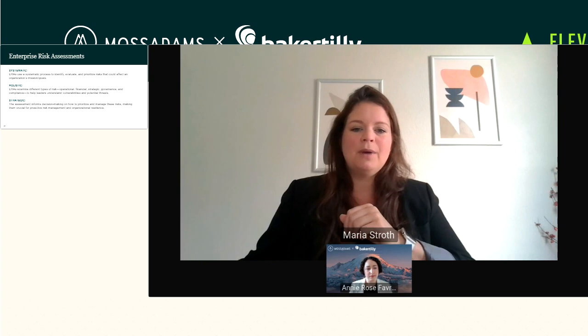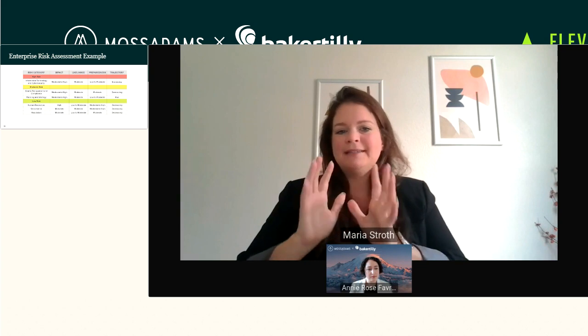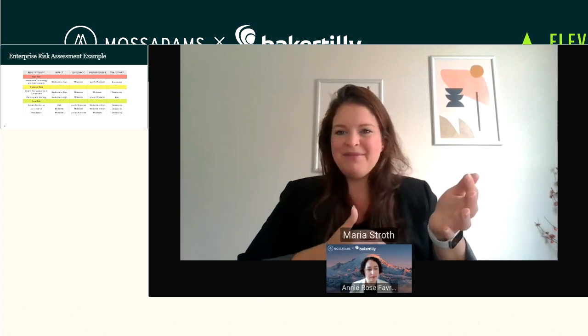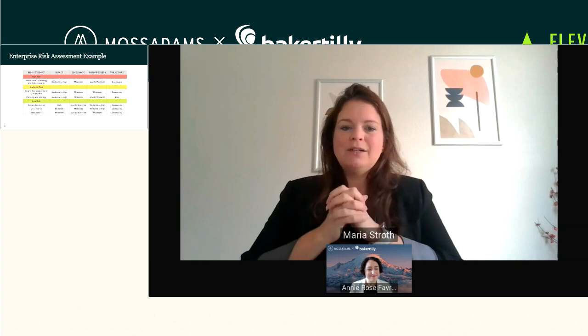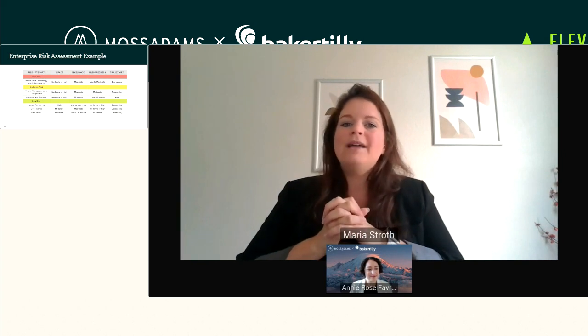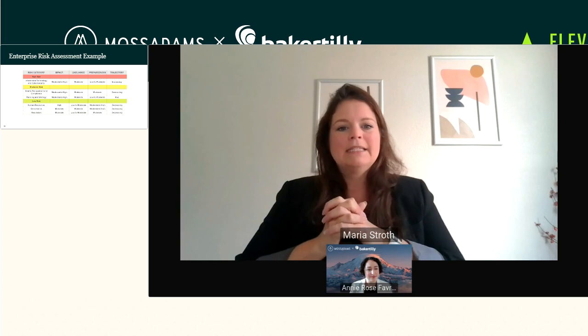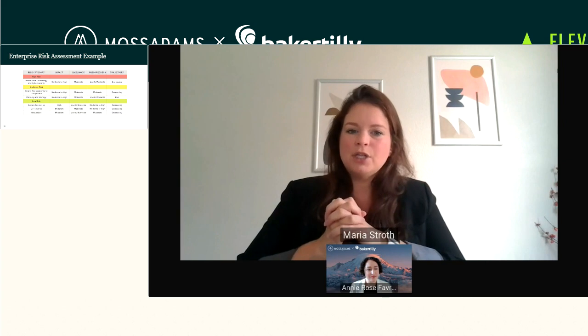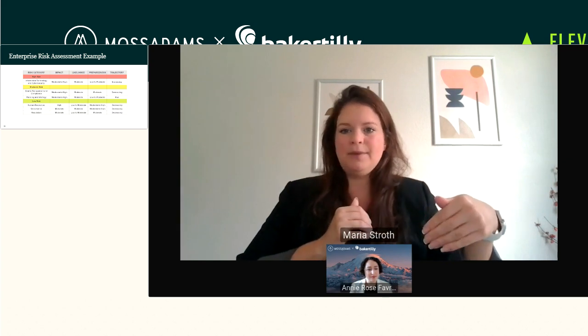I'll show you a quick example here on the next slide. This is just a snapshot, so it's not necessarily every risk that an organization may be facing, but we just wanted to show a little bit of an example of what the results of an enterprise risk assessment might look like. So we've identified the risks for this organization in that far left column, and it shows you which are the highest to the lowest risks.